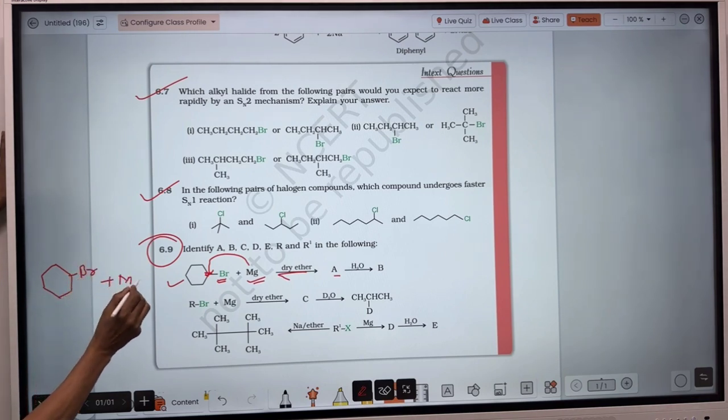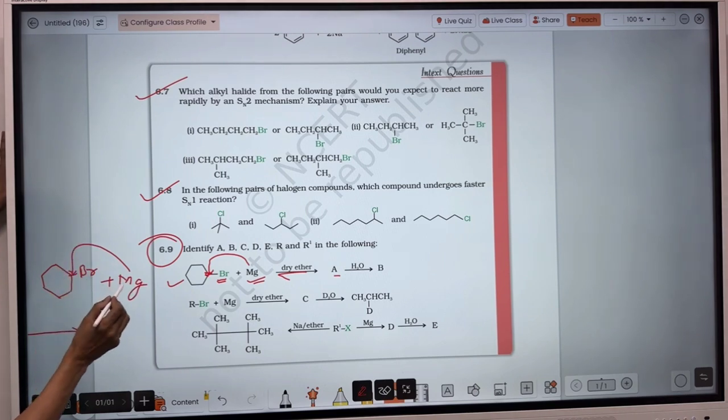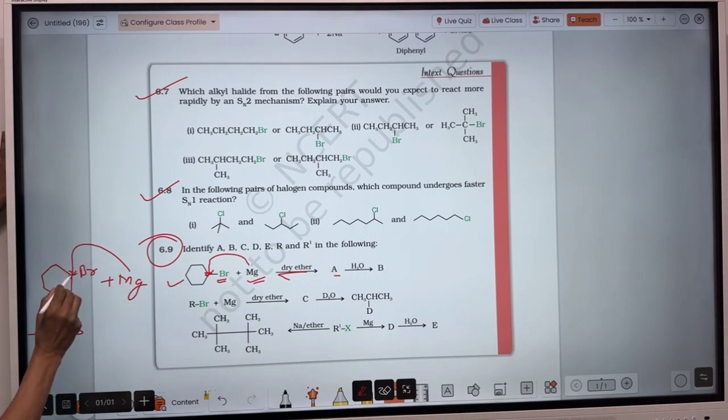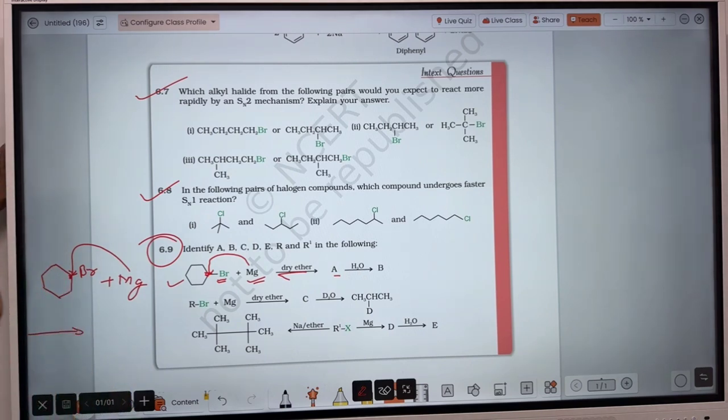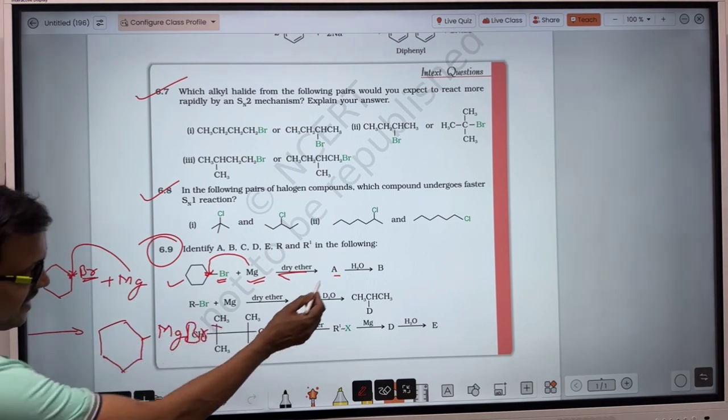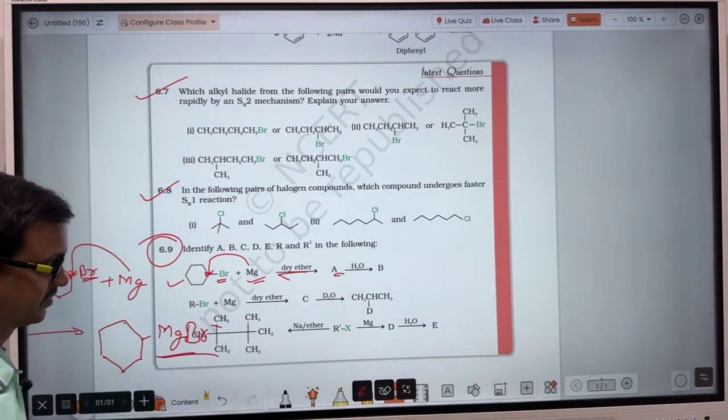When it reacts with magnesium, magnesium will form a covalent bond with this carbon, and the bromine will be bonded to the magnesium. So the structure will be: magnesium bonded to this carbon, and here Br minus. So A is this compound.